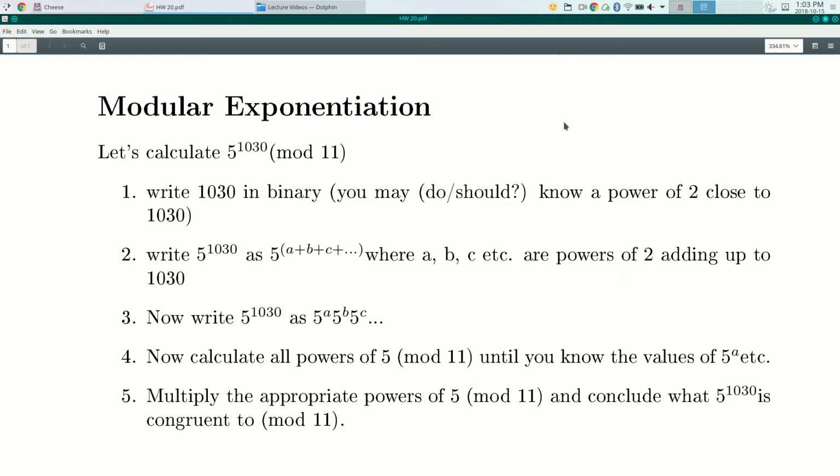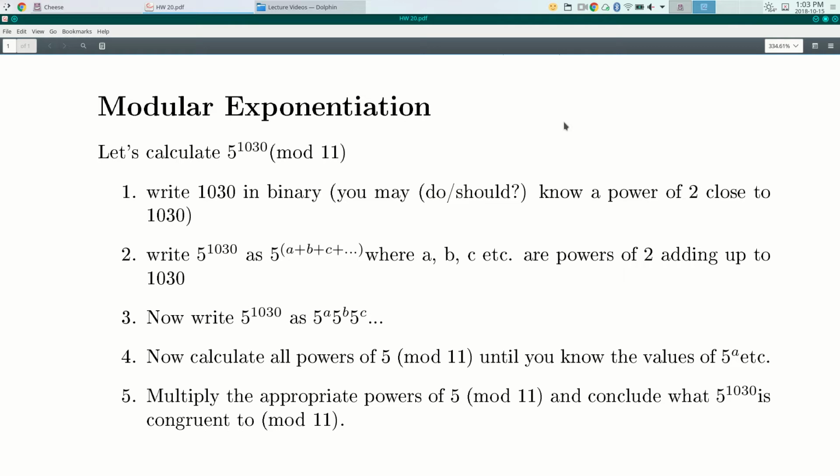5 and 64. Squared again, which is 5. Oh wait, no, it's not 9.